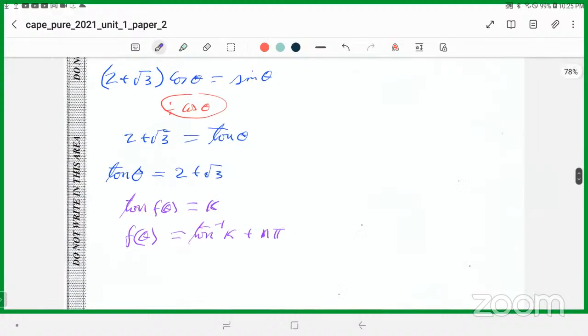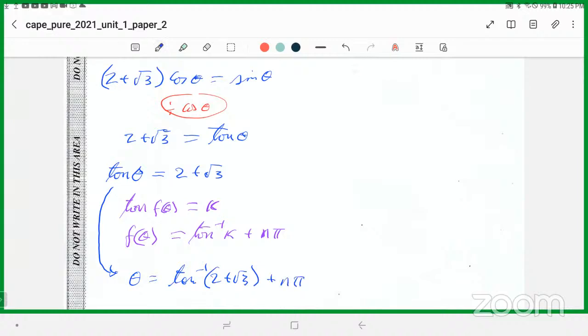So basically, using this as my general solution, I can say that theta is tan to the -1 of 2 plus root 3 plus n pi.